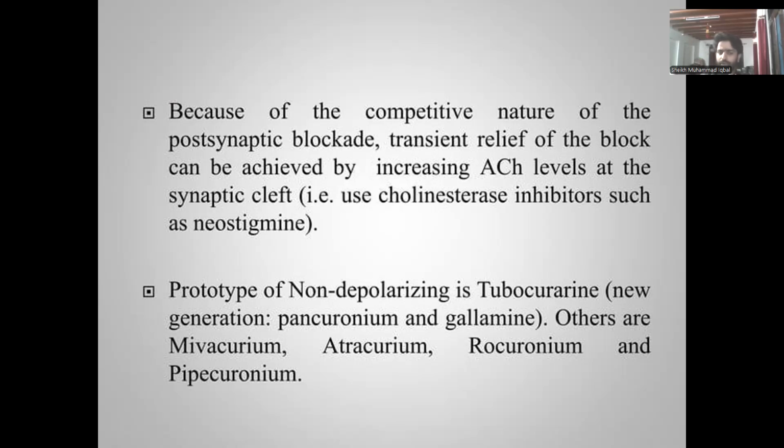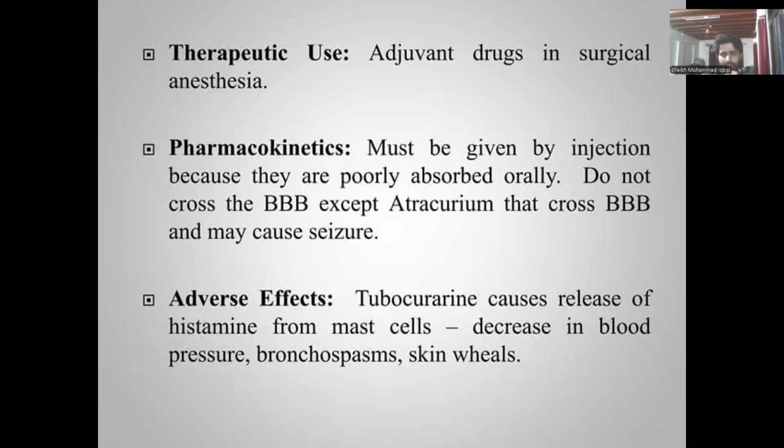The prototypes of non-depolarizing blockers are pancuronium, gallamine, mivacurium, atracurium, rocuronium. They all have a competitive blockade action towards the acetylcholine. Now, therapeutic use: they are used as adjuvants, not primary drugs, in surgical anesthesia. They should be given by parenteral route because they are poorly absorbed.